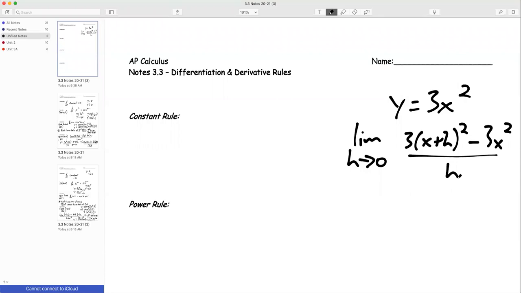Okay, well, let's say I have something like this. Let's say I have y equals 1/4 x to the negative 2 plus 3x to the 8th. Can I plug in x plus h and do the same thing?